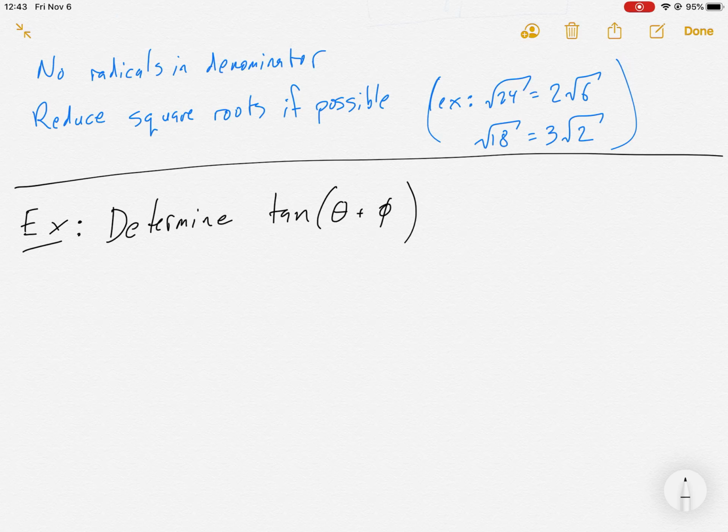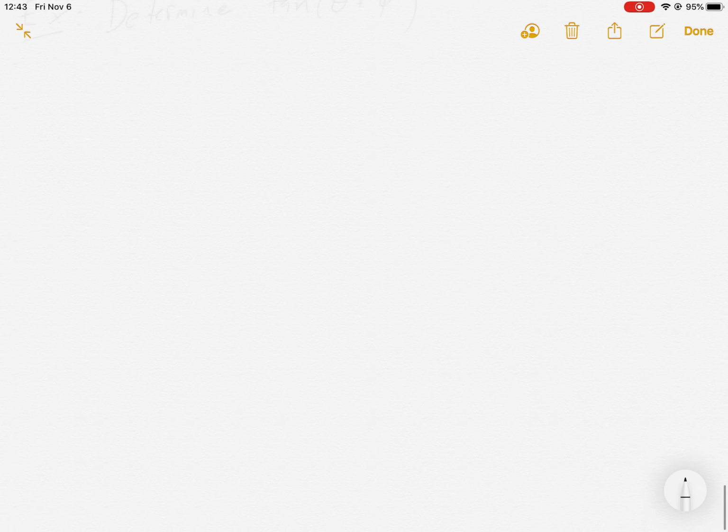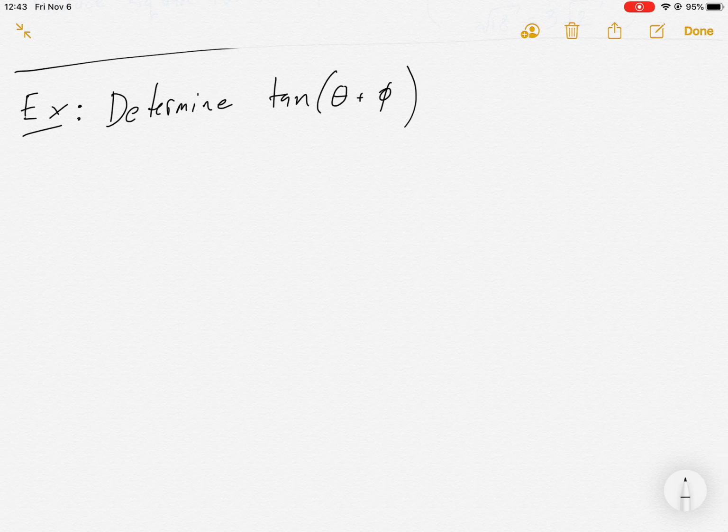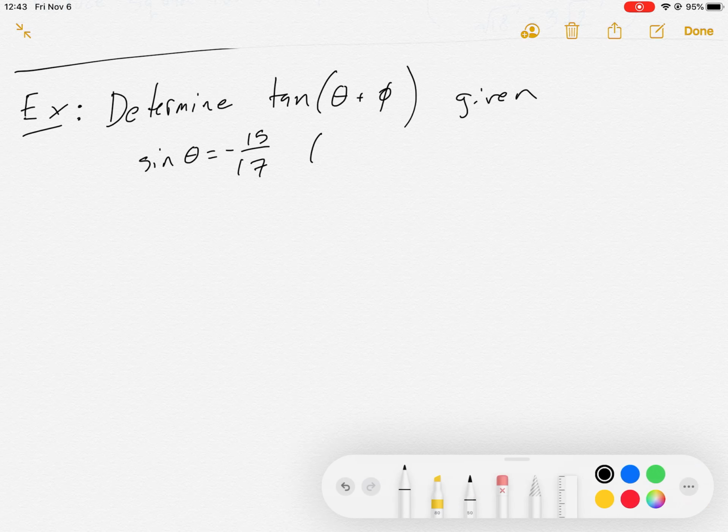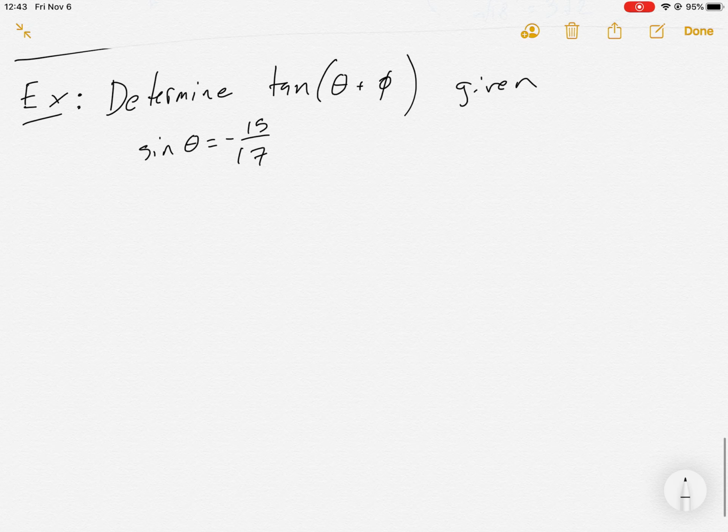So we'll do tangent of theta plus phi, and we're going to do, given, let's say sine of theta is negative 15 over 17, and we'll say that theta is in the range of, let's go with 180 degrees is less than theta is less than 270. So this is another way to say that it's in quadrant 3.